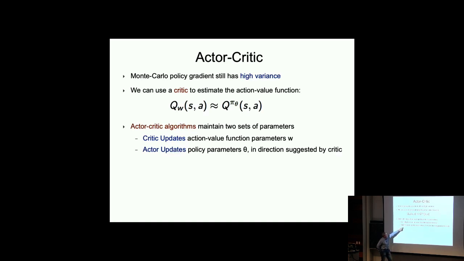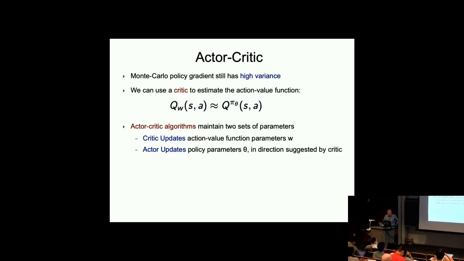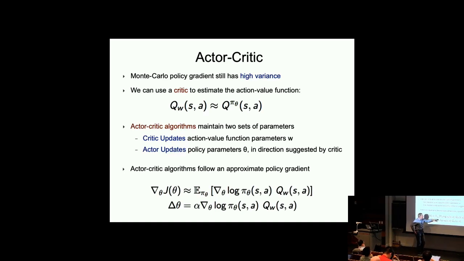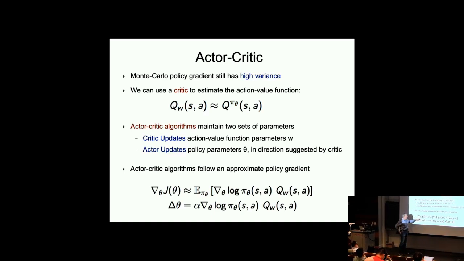And then the actor is the policy itself, which has its own parameters, theta. And we've talked about algorithms for actor-critic and using them both to update, to learn a good policy and to learn the corresponding Q function.